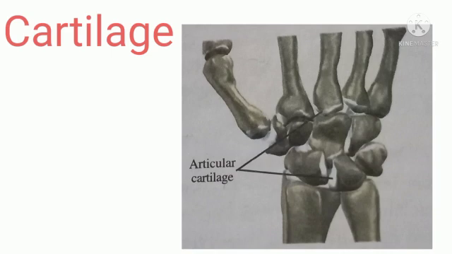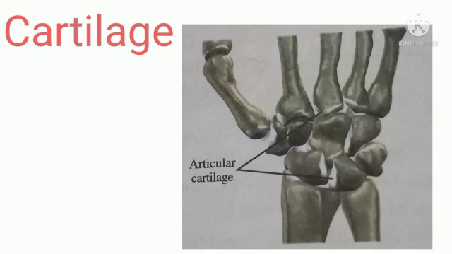Okay, children, it is a very interesting topic now. Why? Because all these tissues are within our body. Yes, really it's amazing. Okay, next we discuss another type of tissue called cartilage.